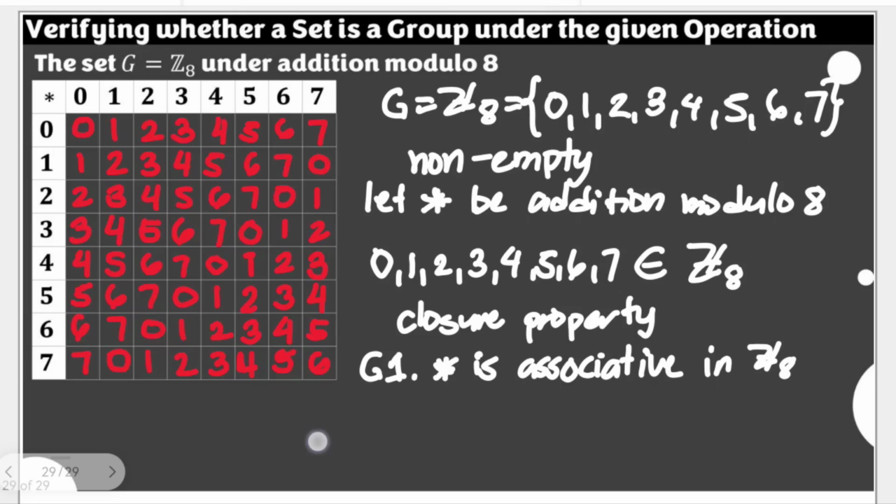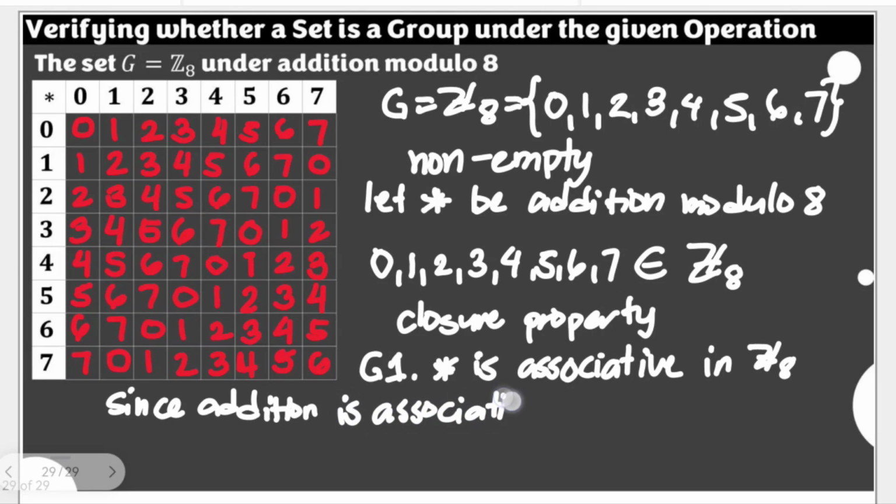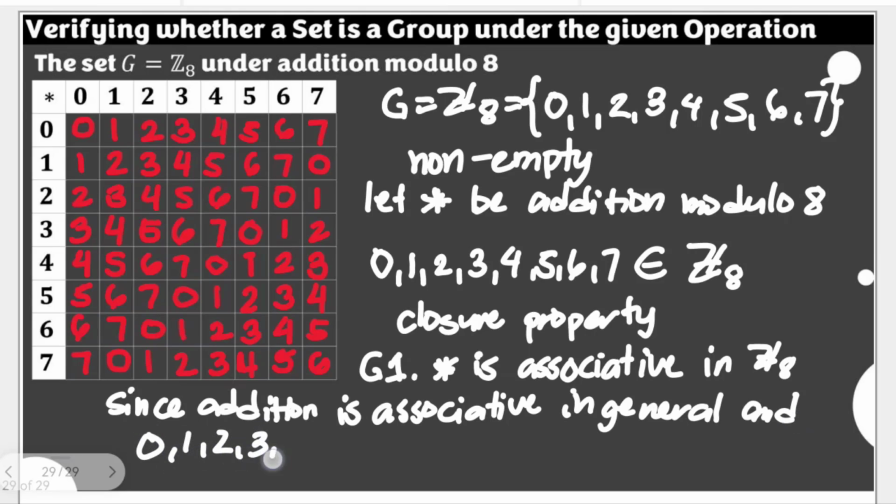Let us focus first on addition. Since addition is associative in general, and we could see that the elements of our Z8, 0, 1, 2, 3, 4, 5, 6, and 7, are also elements of our Z, which is the set of integers.